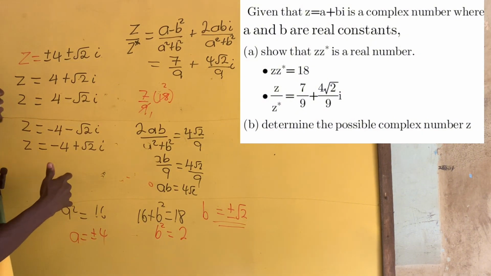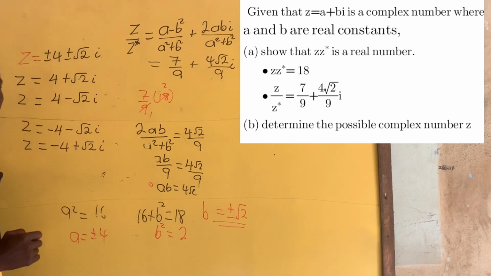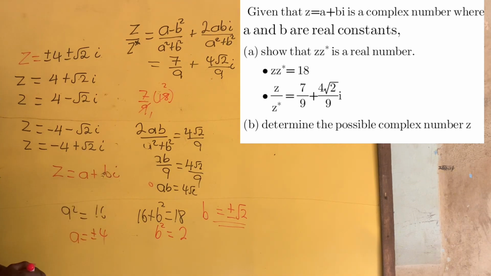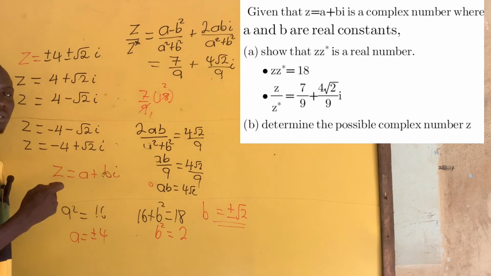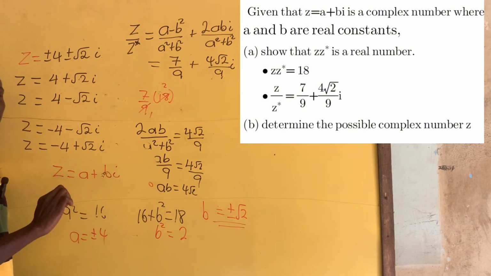Now, let us analyze 1, 2, 3, 4 and see. From the question, we have z equals a plus bi, where a and b are real numbers. So if a and b are real constants, now we are to find a and b from these possible solutions.